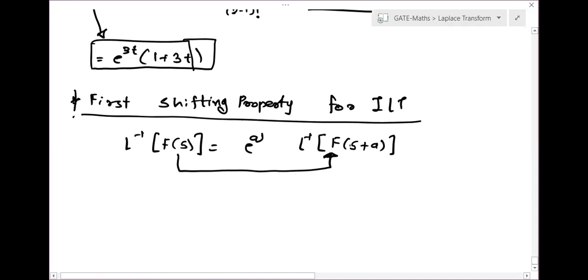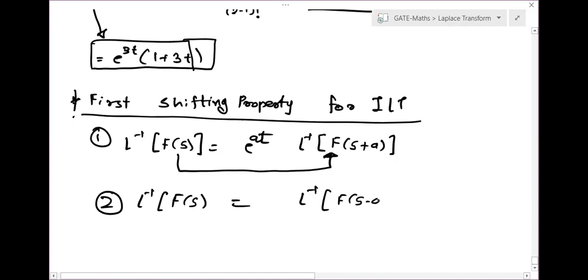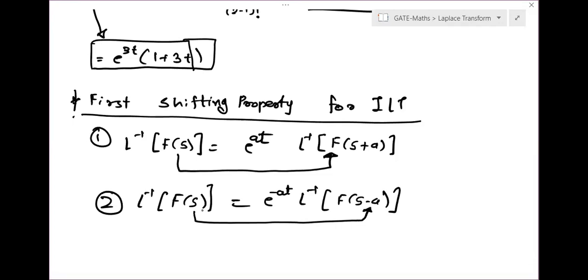If you are converting into s plus a, you have to multiply that with e to the power at. If you are converting this s into s minus a, then you have to multiply with e to the power minus at. Is it clear now? Please give me some response. If you are converting s into s minus a, you multiply with e to the power minus at. If you are converting s to s plus a, you multiply with e to the power at.